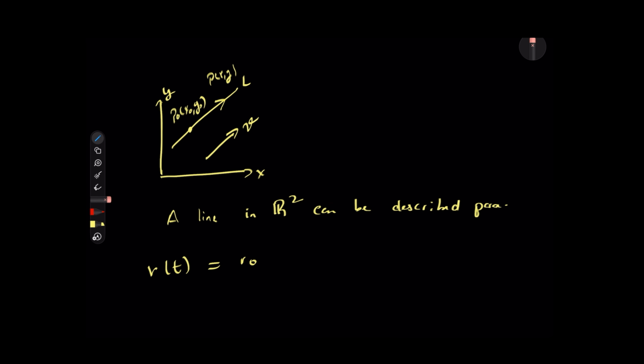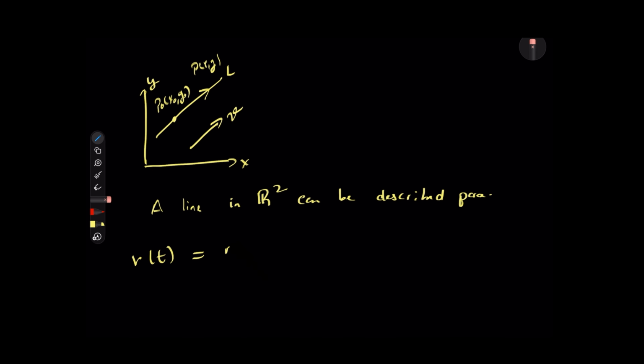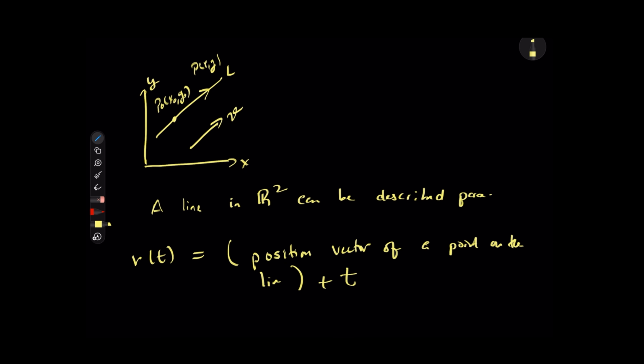Actually, let's describe it properly. So maybe it's going to be some position vector of a point on the line plus some scalar lambda or t by some direction vector.